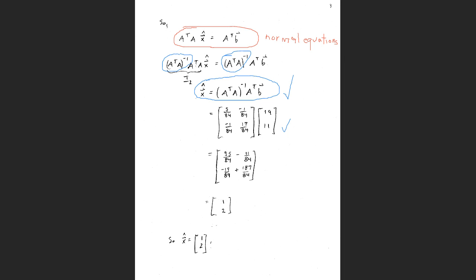When you work through the computations, you'll get that the vector x hat is equal to 1, 2. That's your least squares solution.